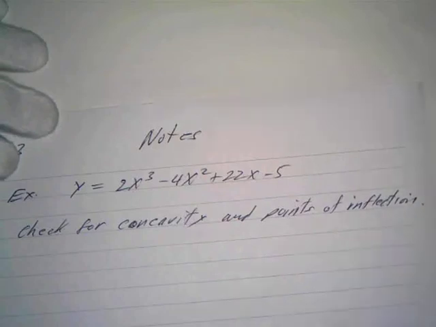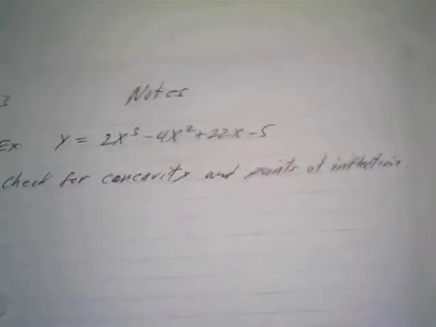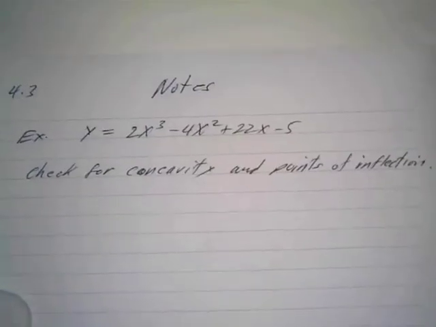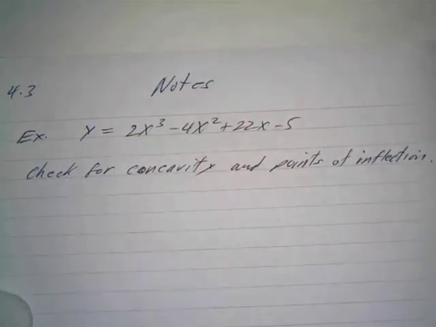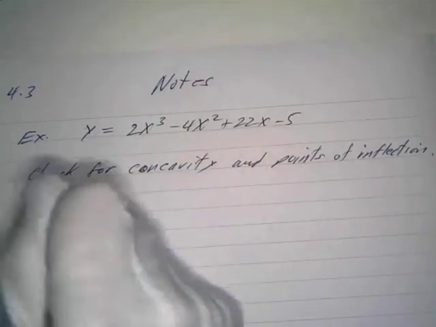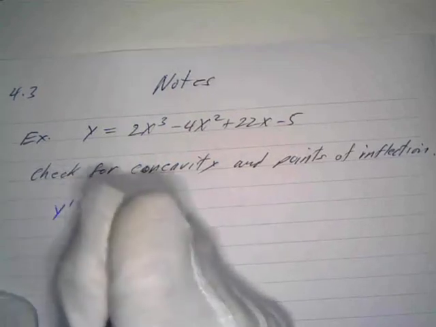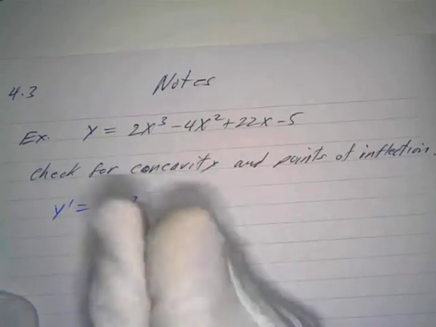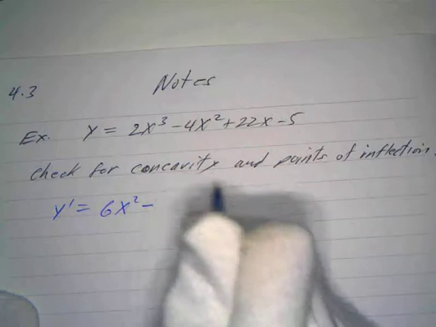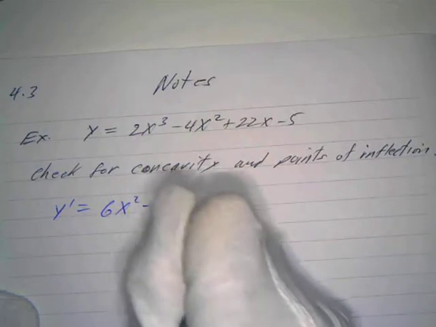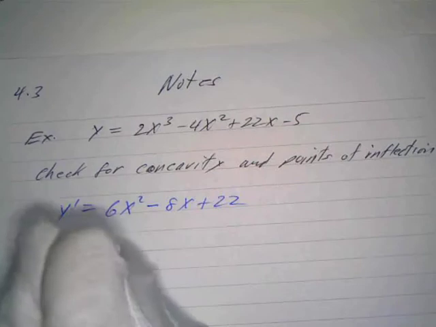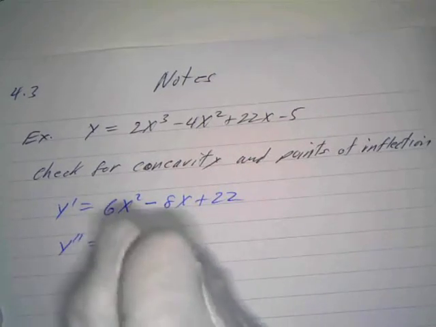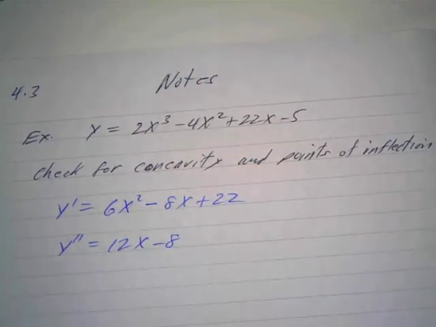Right away, when I'm talking about that, I'm talking about the second derivative, not the first derivative. So let's take the second derivative of this. We have to take the first derivative first. y prime equals 6x squared minus 8x plus 22. So that was easy. Then we'll take the second derivative. y double prime equals 12x minus 8.